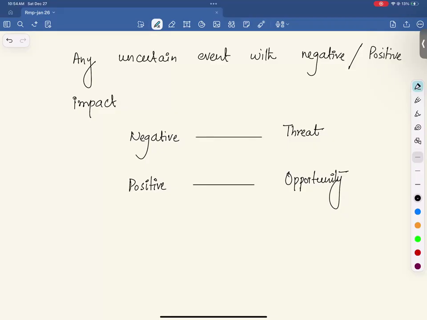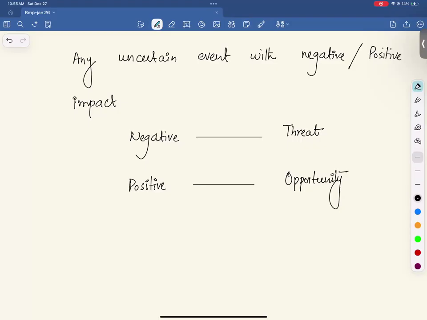Management of threats and opportunities is called risk management. Usually we use the word risk in a negative connotation, for example, this is a risky activity, this is a risky business. But from the PMI perspective, risk could be negative or positive. Negative risks are called threats. Positive risks are called opportunities.